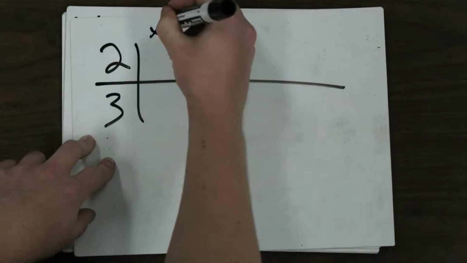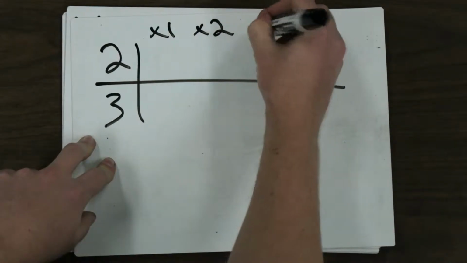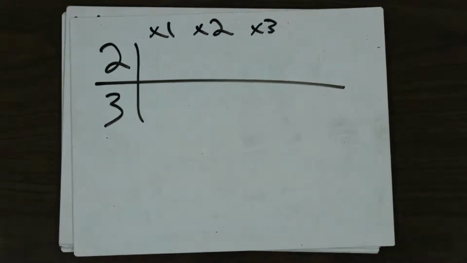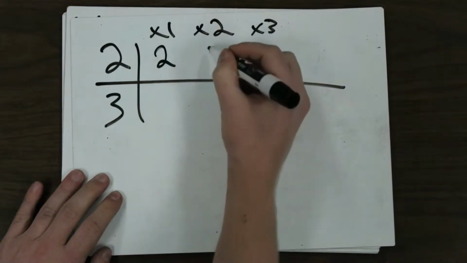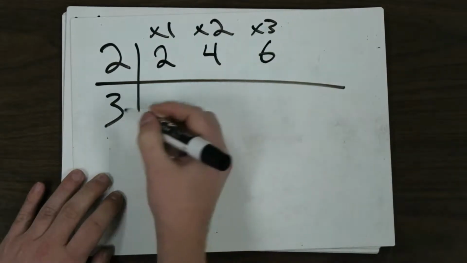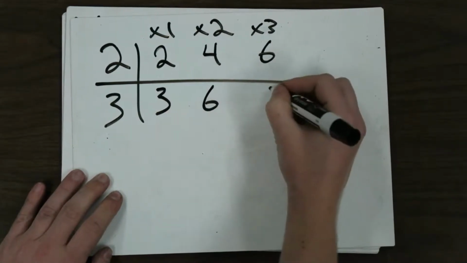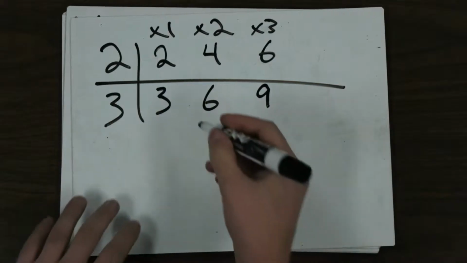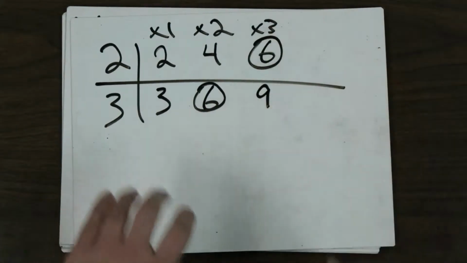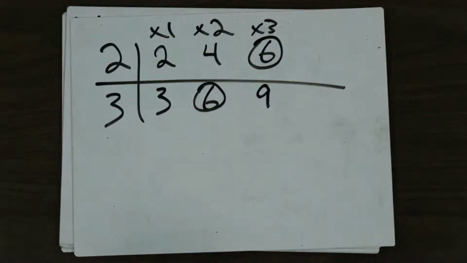And then we need to list all their multiples, because what we're trying to find is the least common multiple between these 2 numbers that I could change both of those denominators into so that they will be the same. So 2, 4, 6, and 3, 6, 9, and I see right here I have a least common multiple of 6.